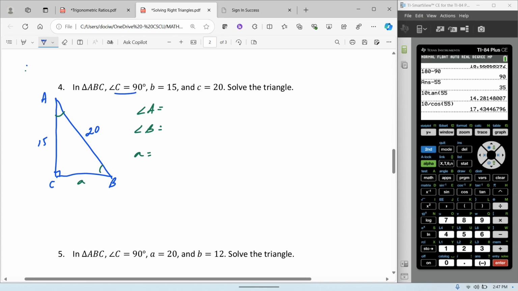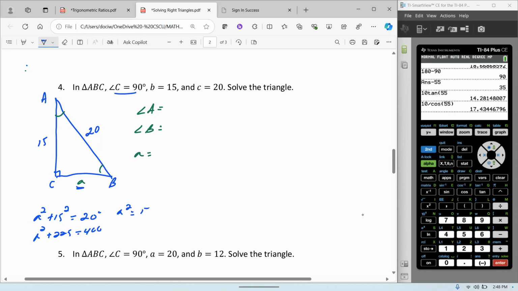I could start by finding side A using the Pythagorean theorem. So A squared plus 15 squared is 20 squared. A squared plus 225 equals 400.